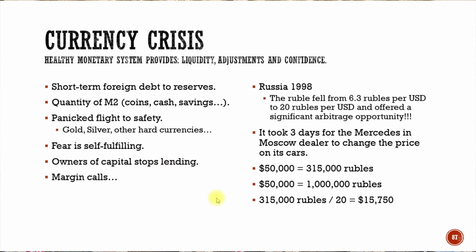So a big thing that happens during a monetary crisis is that short-term foreign debt to reserves increases, quantity of money, M2, coins, cash, and savings, that kind of just disappears. Panicking, flight to safety, people buy gold, silver, and other hard currencies.